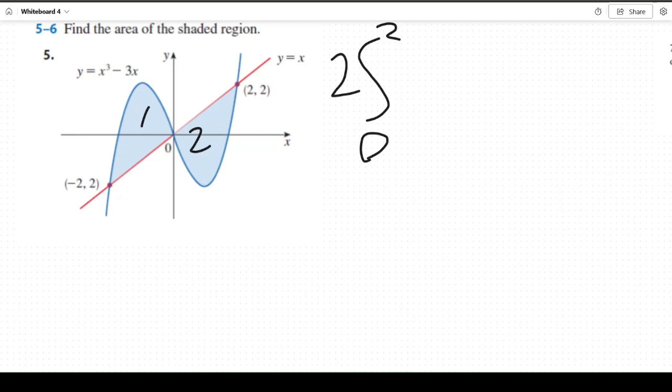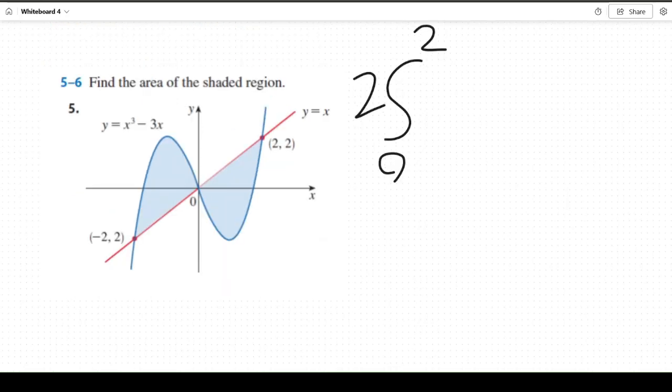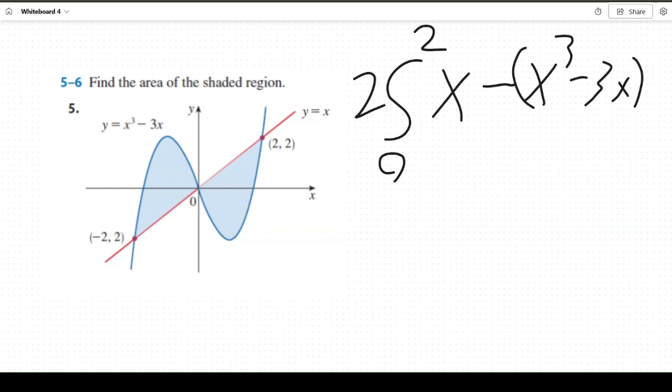So yeah, x minus x over 3, x to the power of 3 minus 3x, because from 0 to 2 we can see that y is from the top and x cubed minus 3x is in the bottom. So it goes from top to bottom.